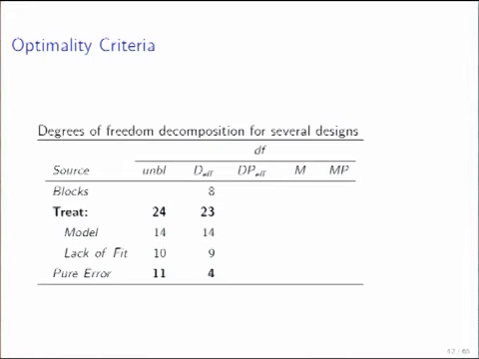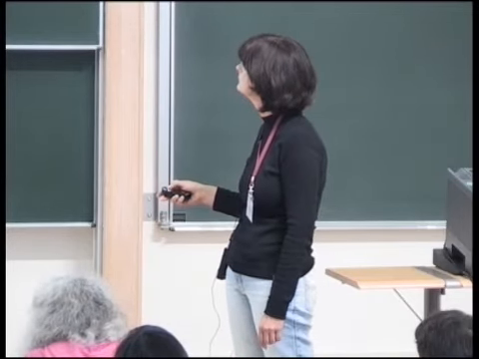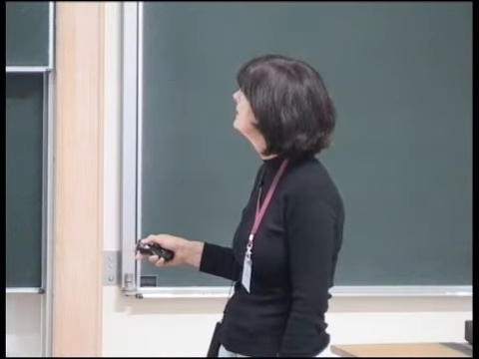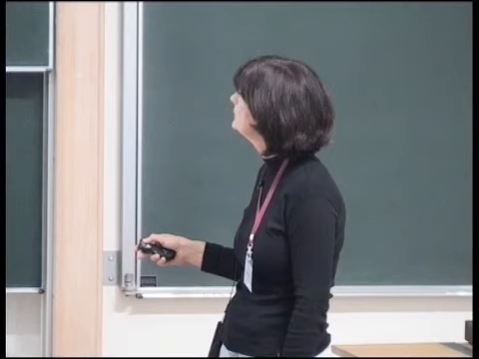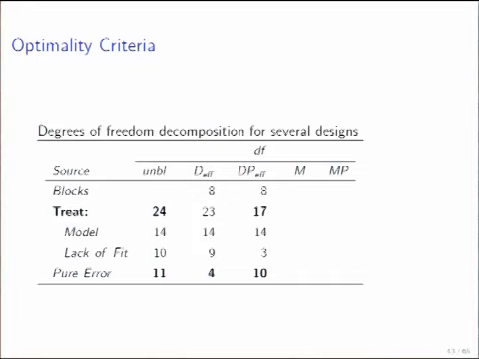So 1 treatment contrast is used for blocking. If we use the DP version, that is, taking into account the pure error degrees of freedom, we have things in the opposite direction. 7 degrees of freedom from lack of fit are used for blocking, and just 1 from pure error.